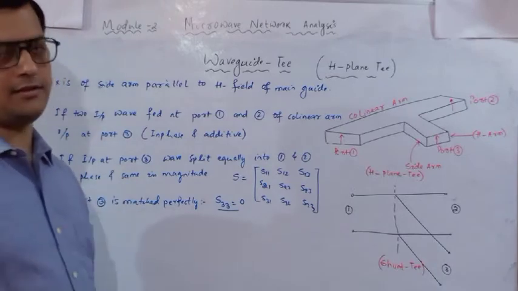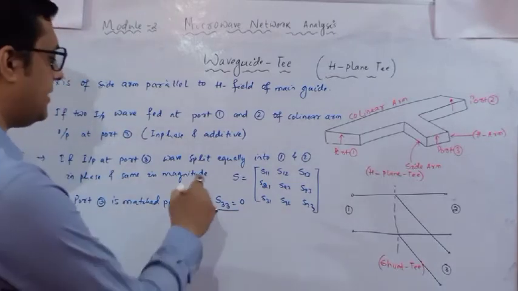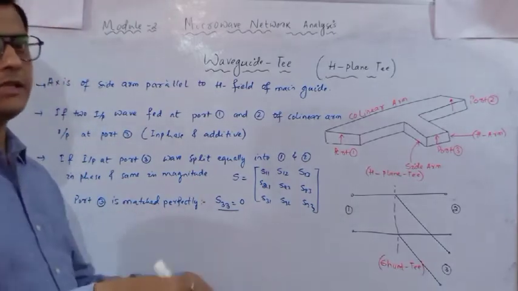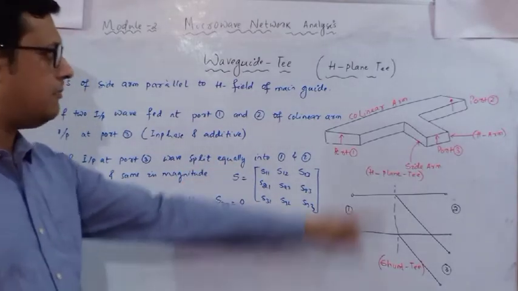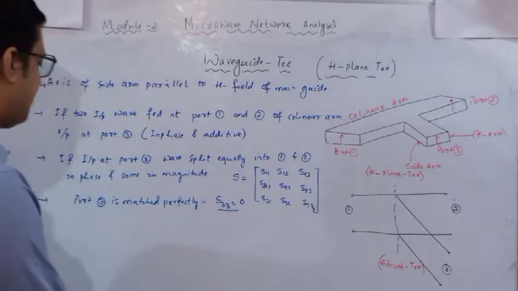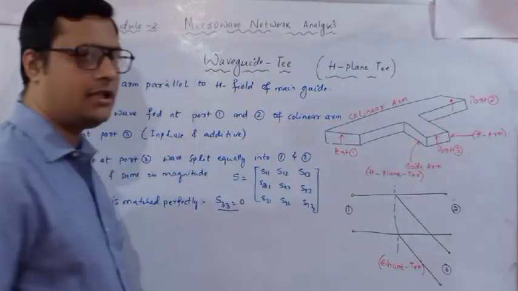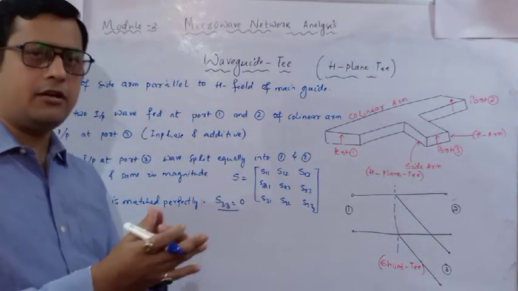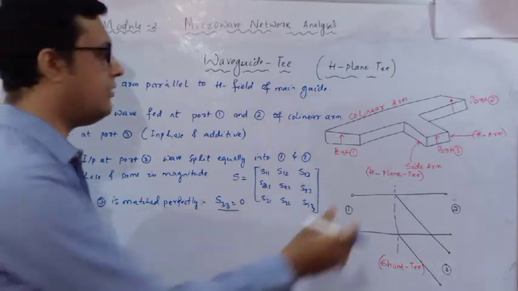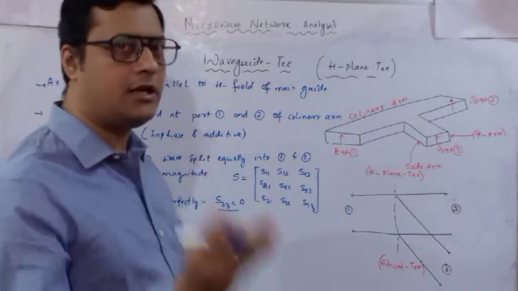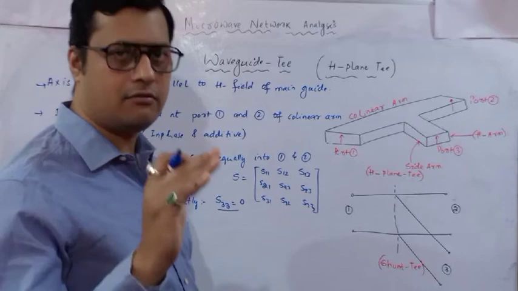That is the first consideration. So we have perfect matching, so that maximum power can be delivered to port 3. Next, when the power is fed at port 3, equal power will be split into port 1 and port 2, equal in magnitude and equal in phase.